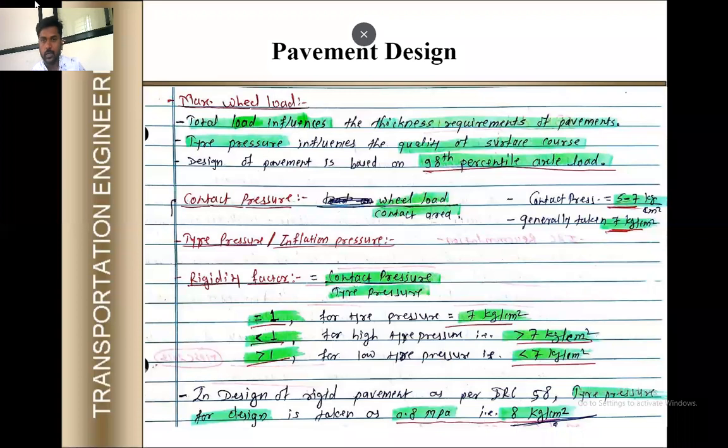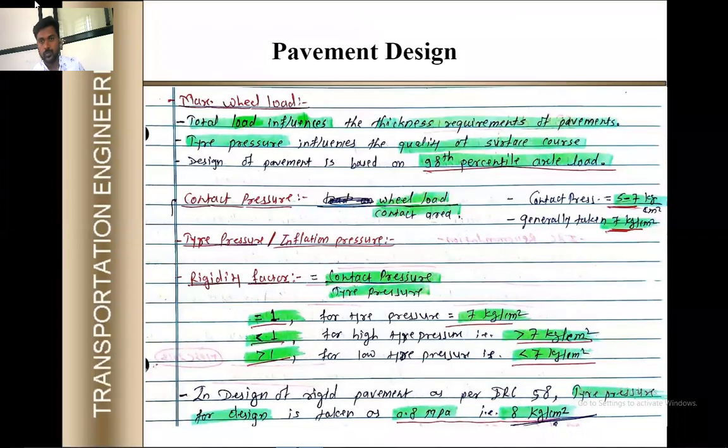Then the contact pressure for design we are taking 7 kg. See here, for design we are taking the contact pressure as 7 kg per centimeter square. Suppose the tire pressure is also 7, then the ratio will become 1, which means the rigidity factor indicates the tire pressure is also 7.